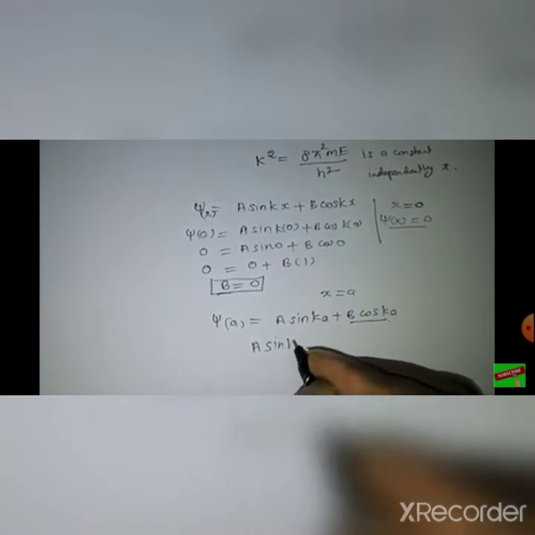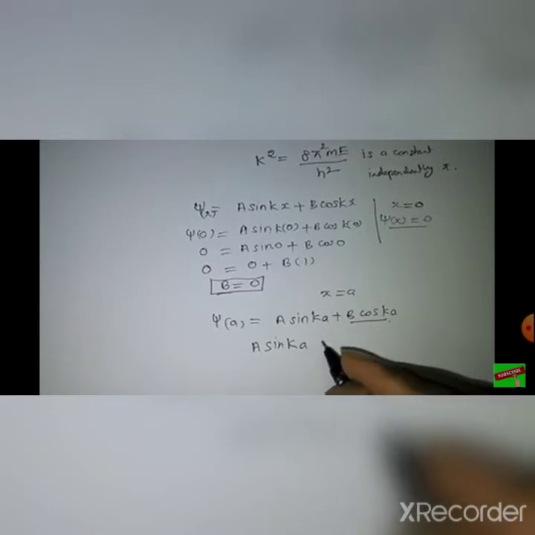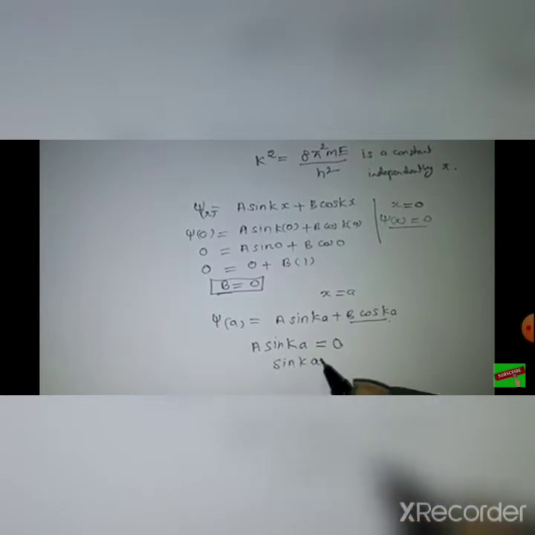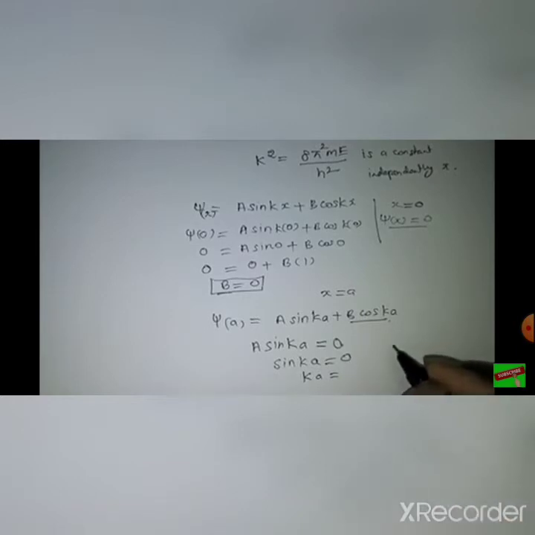By applying this second condition, x equal to a, our equation becomes a sin ka equal to 0. In this case, sin ka is equal to 0, and ka is equal to sin inverse of 0. Here k is the propagation constant and a is the length of the box.